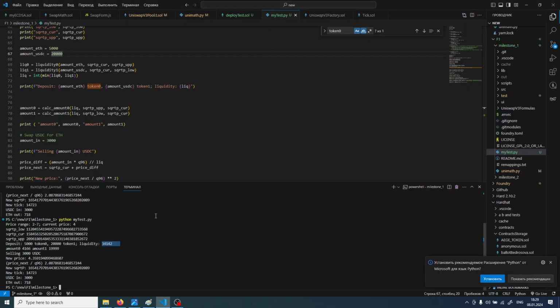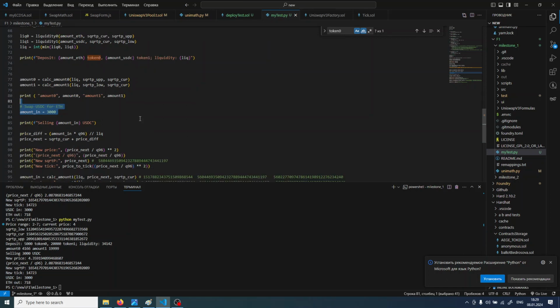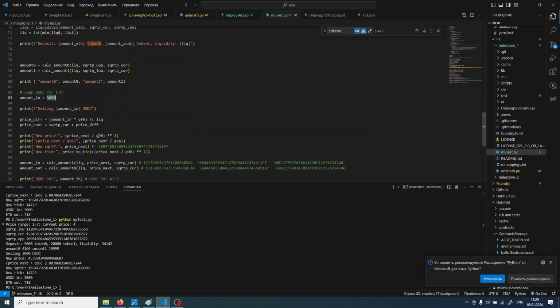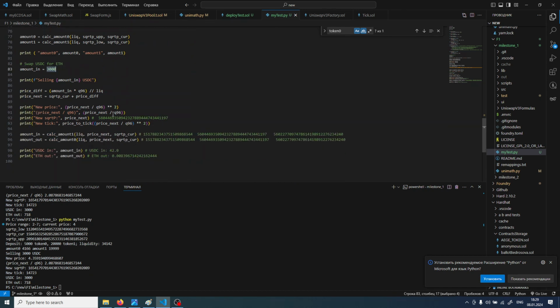And we can see how the Python code from the book works. I changed some info for the swap.